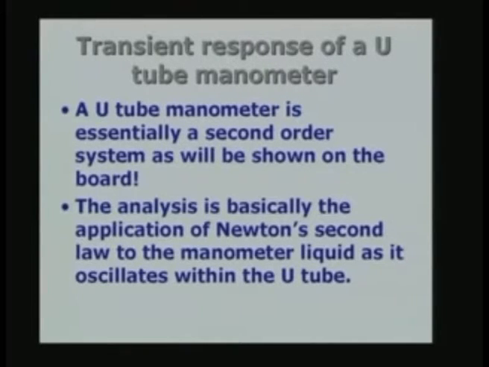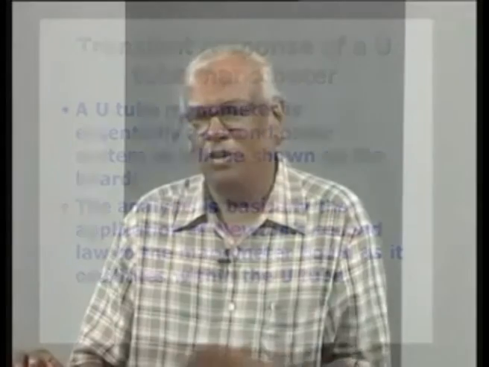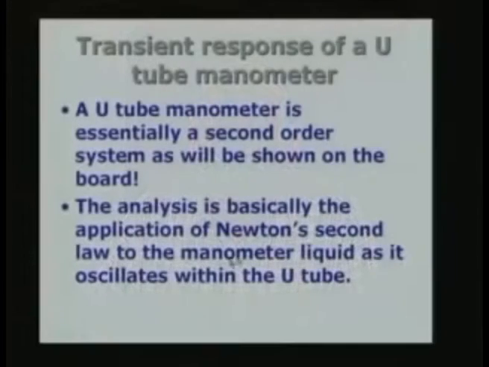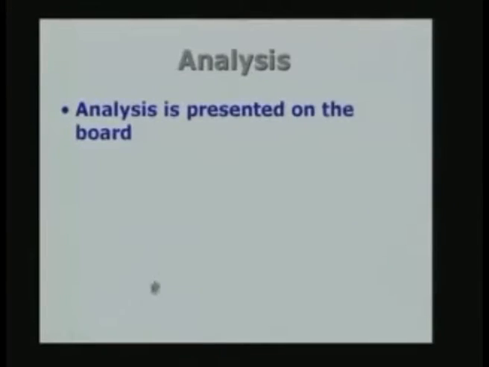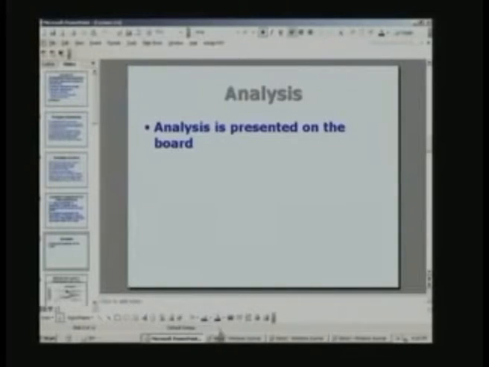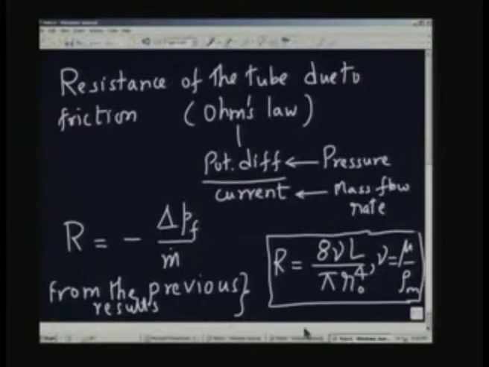In fact, if any one of you has looked at a U tube manometer, you will see that when you suddenly connect the pressure to be measured, it will oscillate and then settle down. Finally, of course, it has to come to steady state when the head will become a steady value. Before it reaches that value, it is going to go through oscillations. So, the analysis I am going to show on the board by working out the various steps required, and let us look at how we are going to do that.